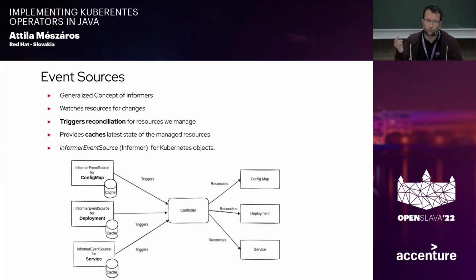Just as we are watching the custom resource with WebSocket, we are going to watch with WebSockets also the three resources, the config maps, deployment, services. And informers will trigger the reconciliation if one of these resources is changed. And since it's a WebSocket, we always get the newest resource, so we are safe to cache it. So we will always have the resource in the cache locally in memory. And the event source will also trigger the reconciliation, as I said.